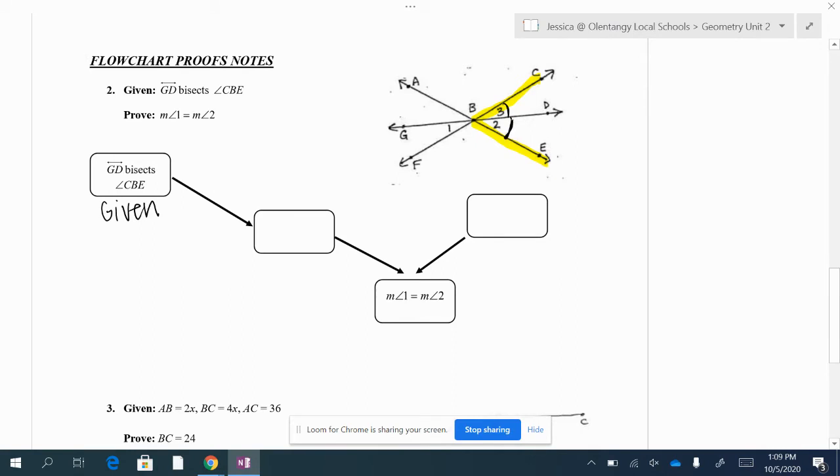Okay, they have to be the same exact degree measure. So that means that we just said the measure of angle 3 is equal to the measure of angle 2, and that's the definition of angle bisector.